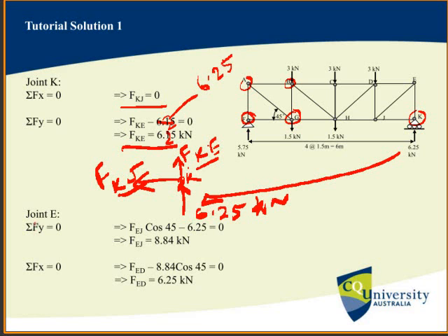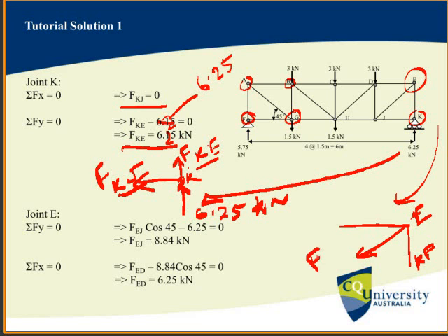Okay. Next, we will consider joint E. In this joint, if we draw the free body diagram of joint E, we will find this figure: FKF, FKE, and force FJE, and the horizontal force FDE.